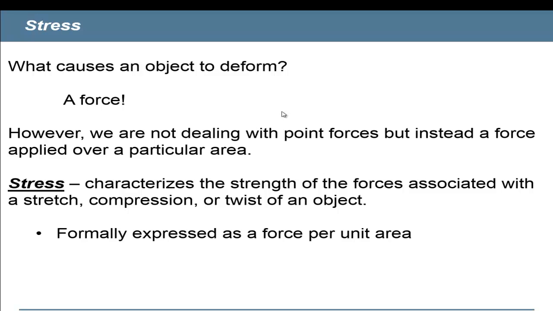This force over some area is what we call stress. In physics, stress characterizes the strength of the forces associated with either a stretch, a compression, or a twist of an object. It's expressed formally as a force per unit area, so it's some force applied over some area.